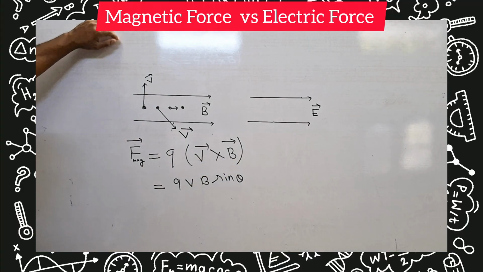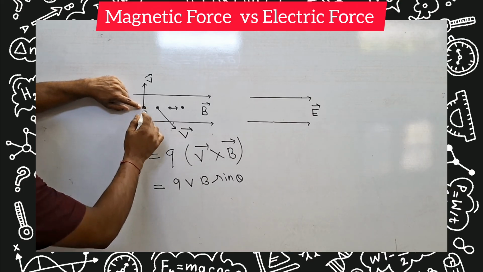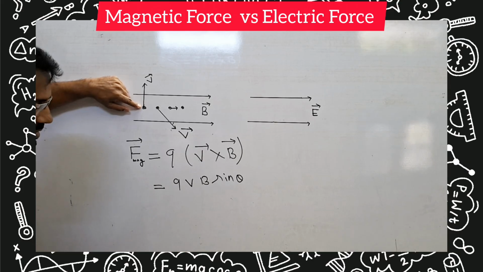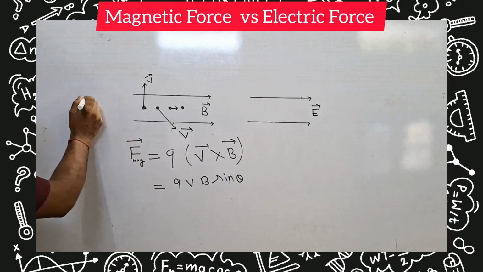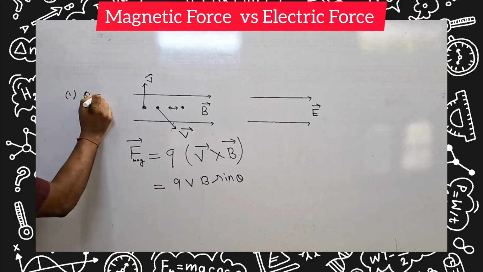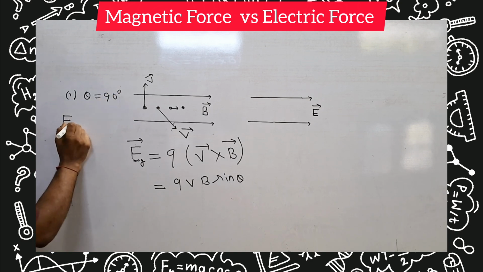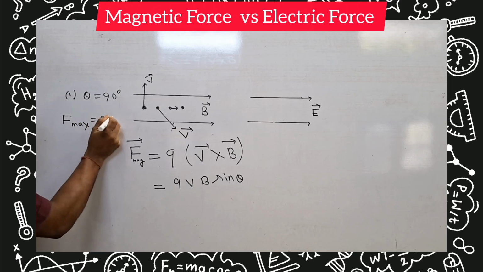Now come here. In the first case, the angle between velocity and magnetic field is how much? 90 degrees. So in that case, sine 90 will be 1. So in the first case, theta is 90 degrees. Then the magnetic force will be maximum, which is qvB.